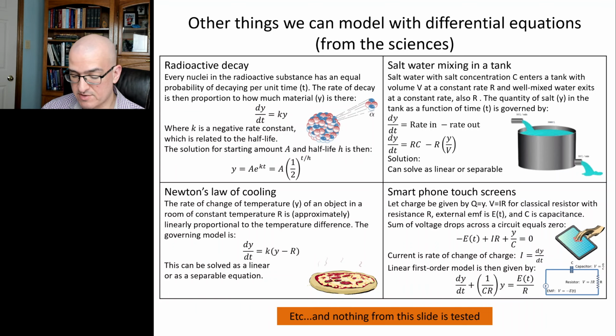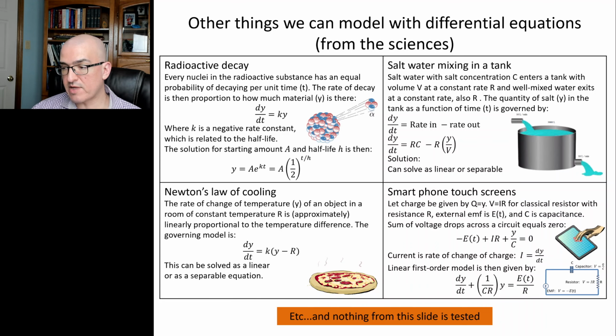For example, differential equations can be used to model radioactive decay. A substance that is radioactive has some probability of decaying, of breaking up into smaller pieces, thus losing mass. Every component of that block of radioactive material, every nuclei, for example, has an equal probability of decaying at any instant.